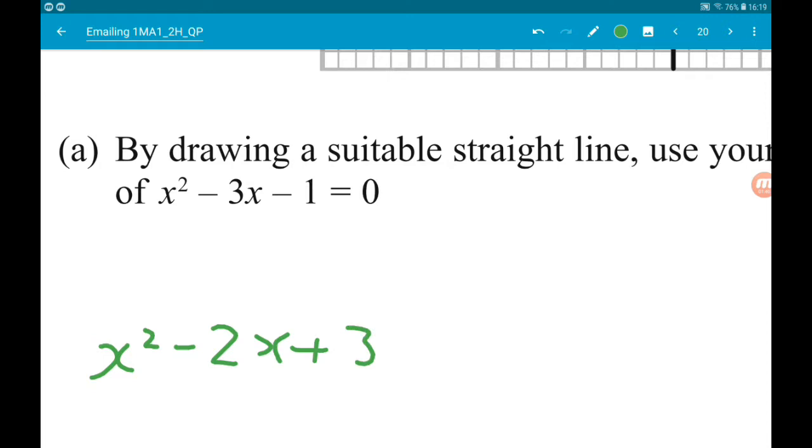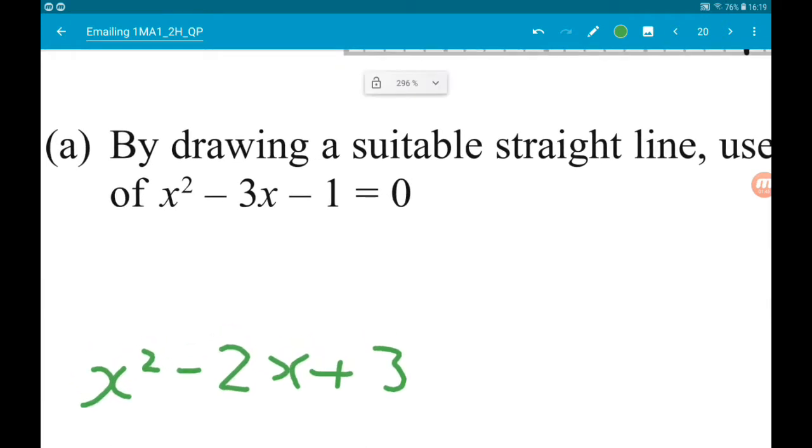Well, first of all, let's add x to both sides. So we're then going to get x squared minus 2x minus 1 is equal to x.